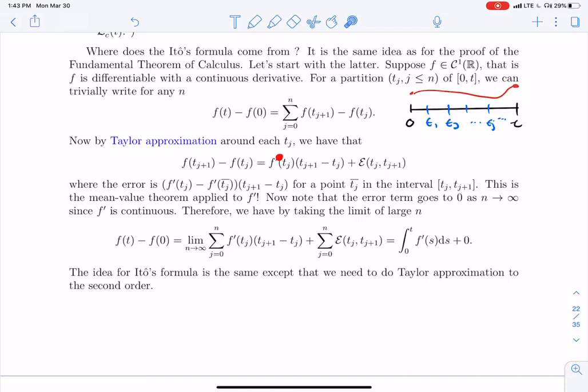Here I would have a perfect equality by the mean value theorem if I take a special t_j bar in between, where I have perfect equality.